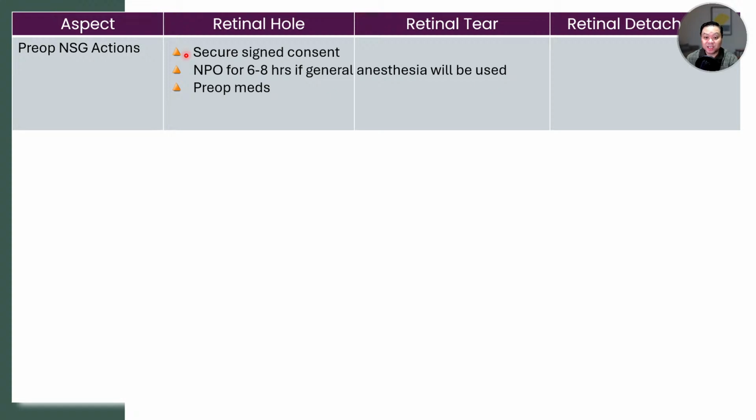Make sure that they do the informed consent first, and then we will follow up that with making sure that they signed, and then we will witness that consent. And if the patient will require general anesthesia, they will be kept NPO at least 6 to 8 hours before the surgery. We're going to have to administer those pre-op meds as well.